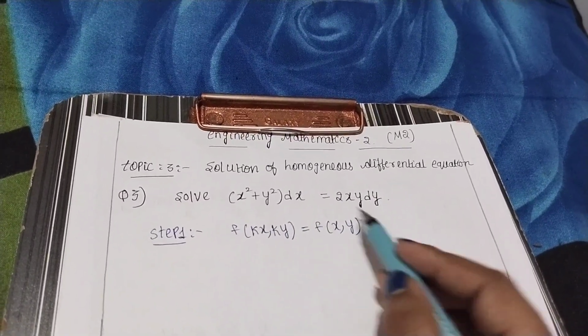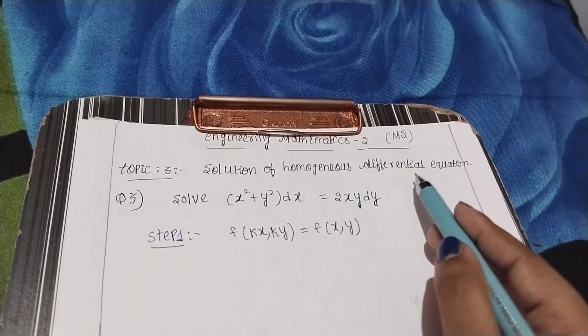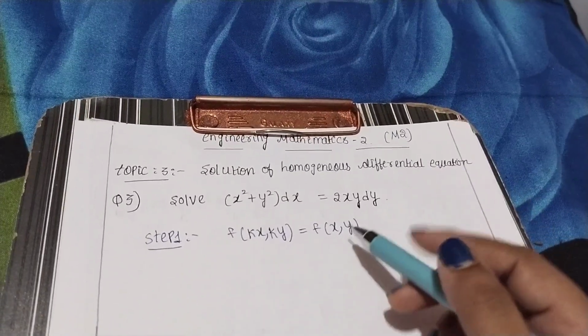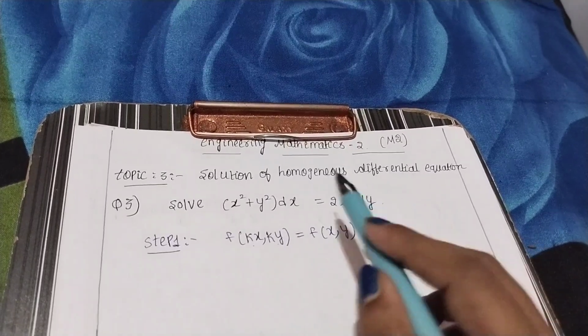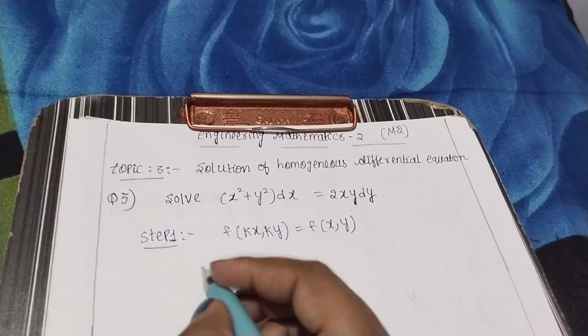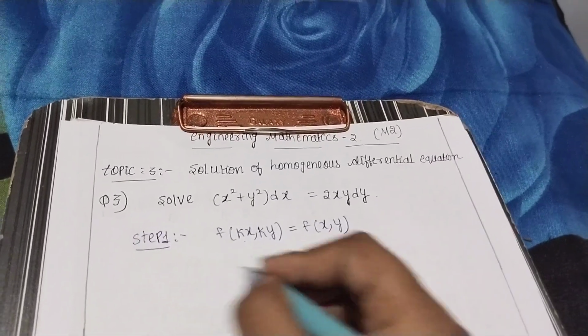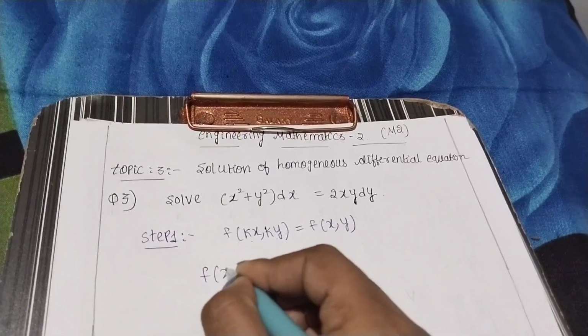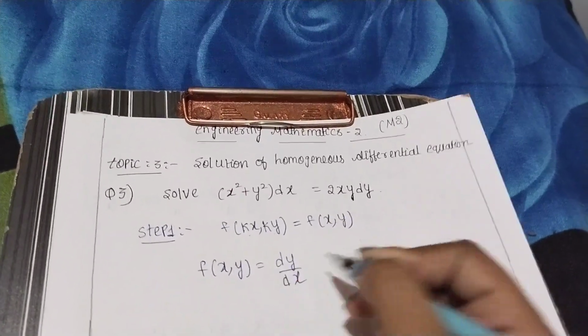If it is the same, then step 1 is accepted and it becomes a homogeneous differential equation. Here f of x comma y is dy by dx.